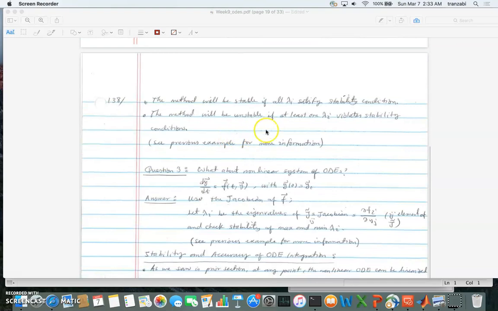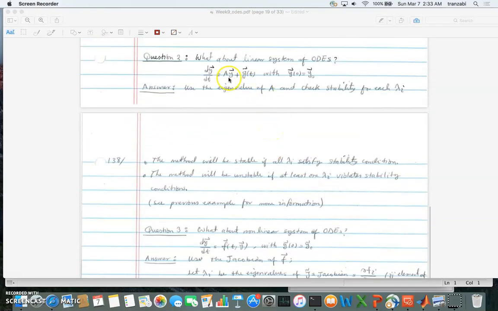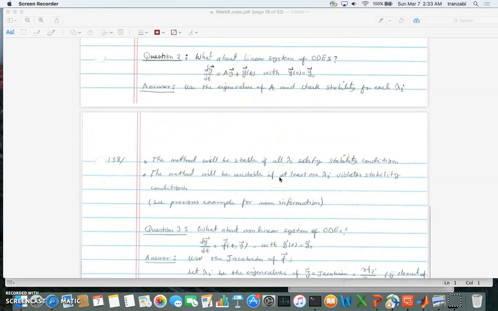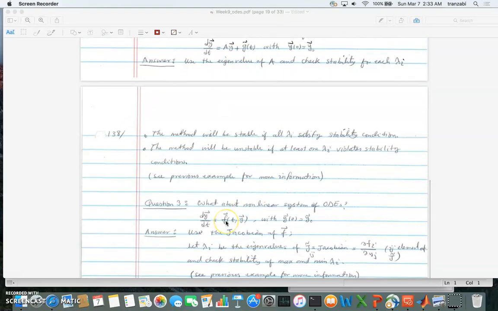So this A that we talked about here is nothing but the Jacobian of f. The Jacobian of f includes the partial derivative of f with respect to all the unknowns. If you have n elements in y, then the Jacobian is going to be n rows and n columns.